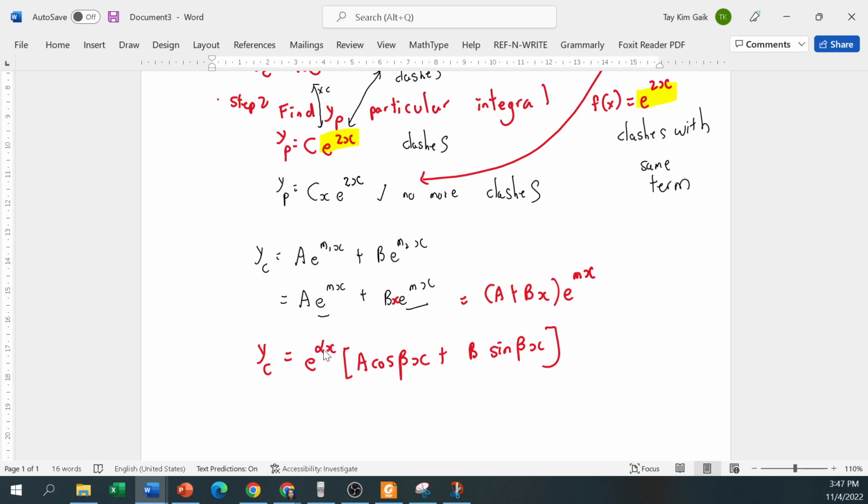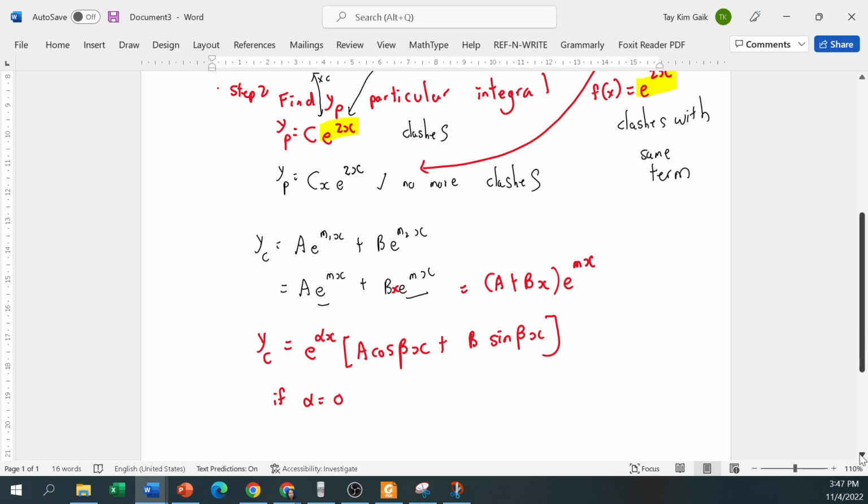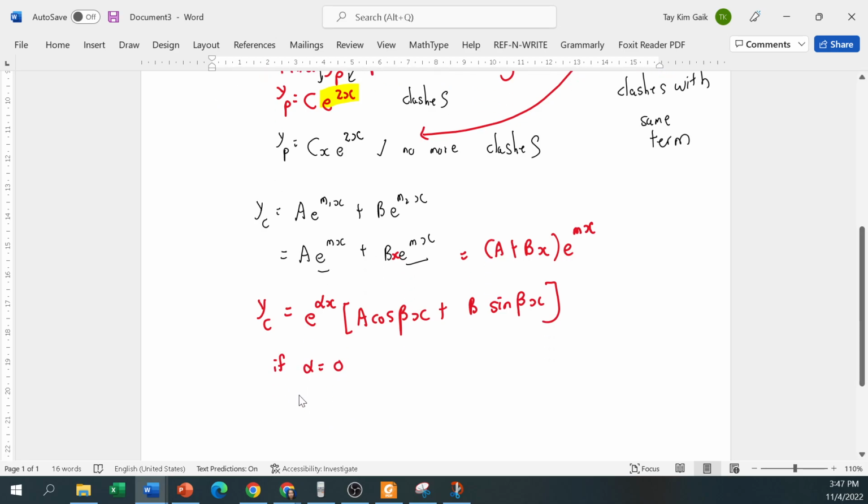Or if alpha is 0, then your yc is a cos beta x plus b sin beta x.